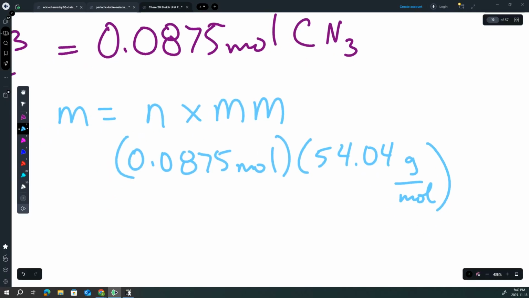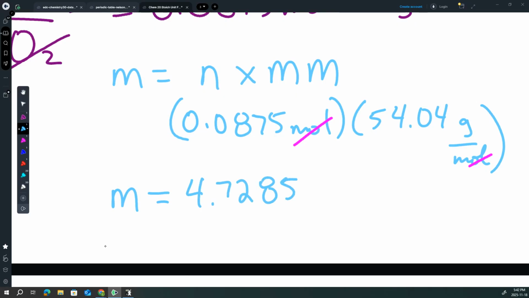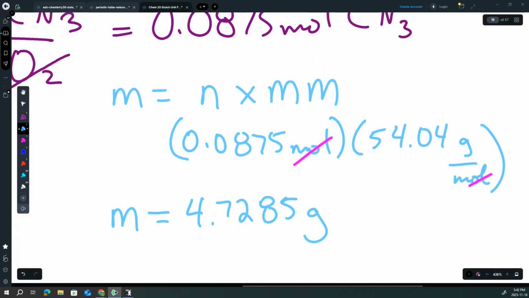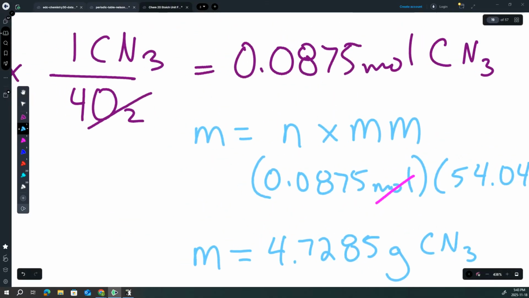So looking at the units, moles is on the top and the bottom, so they cancel out. So that will give us 4.7285 grams, and that's grams of carbon trinitride.